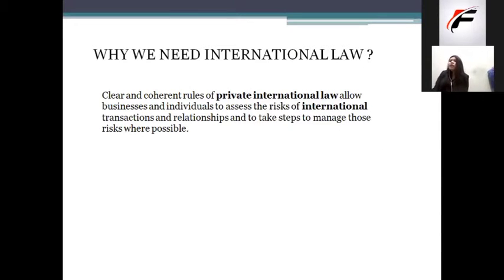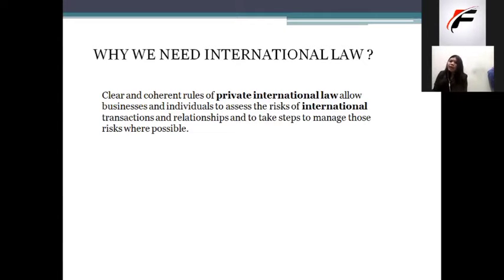So why do we need private international law? Because private international law allows business and individuals to assess the risk of international transactions and relationships and to take steps to manage those risks where possible. So when one country and another country make an international transaction, it can make a problem.